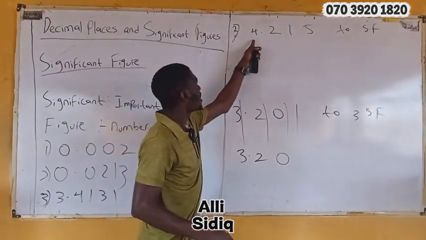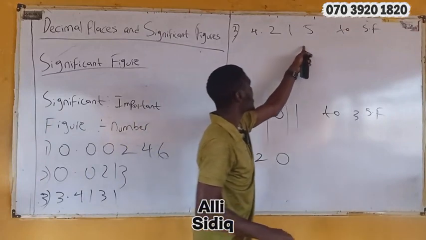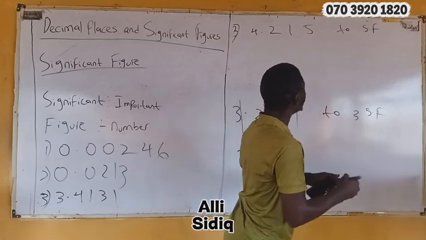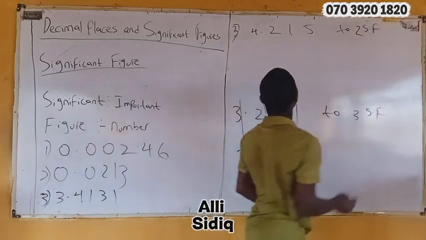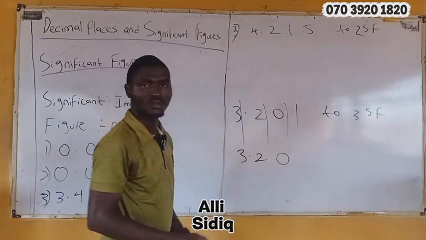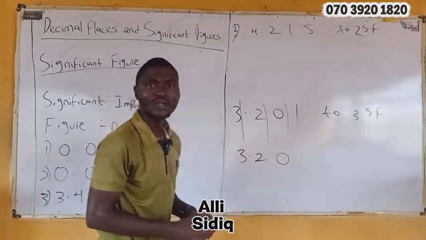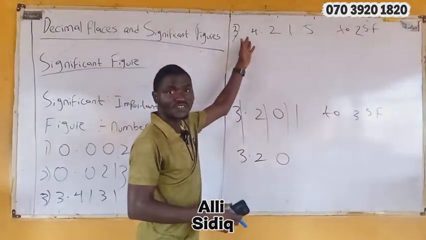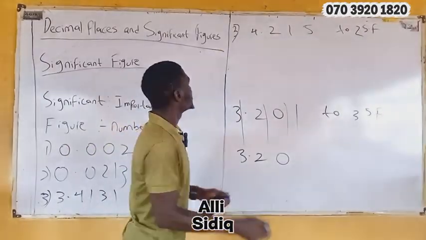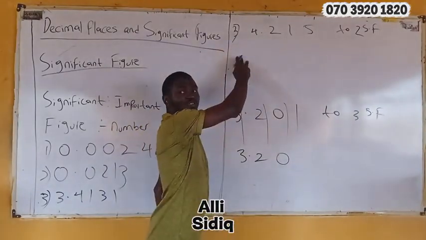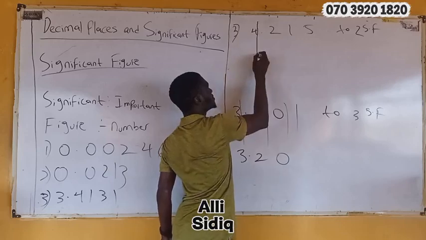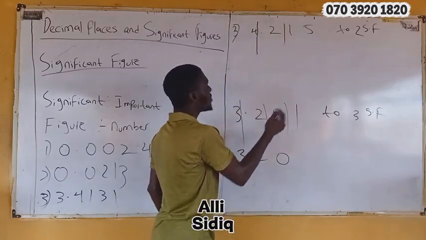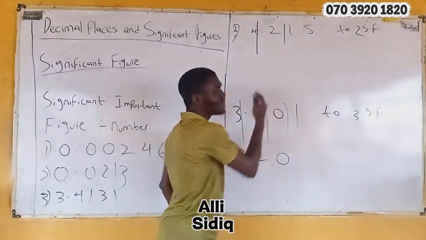So now, I have 4.215 to 2 significant figures. Since I'm starting from the first non-zero, I didn't have 0 here. 4 is my first non-zero. Now I have 1, 2. So I'm going to take the numbers that my boundary captures.